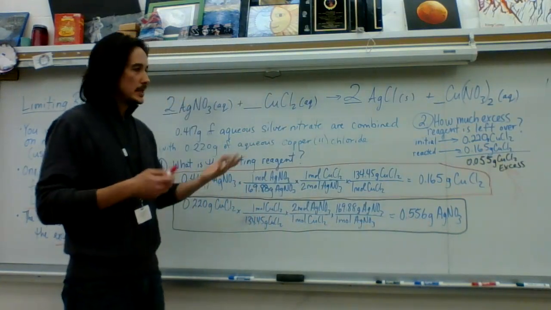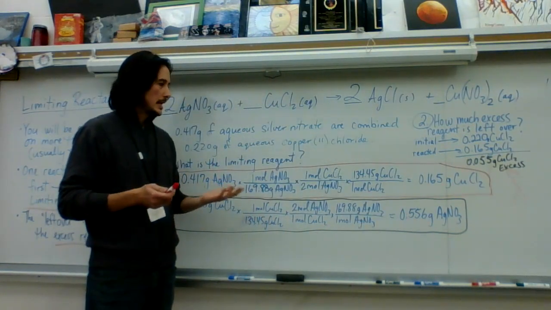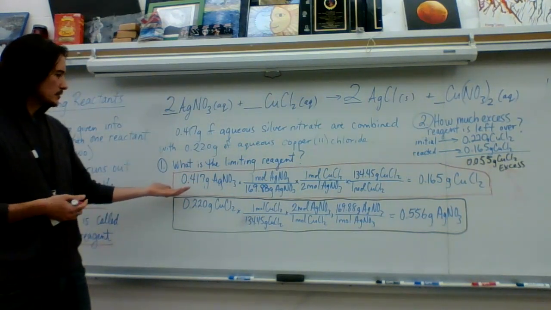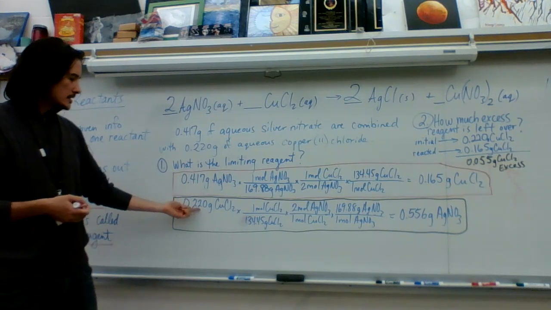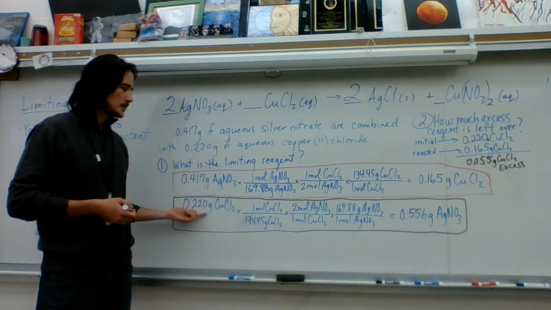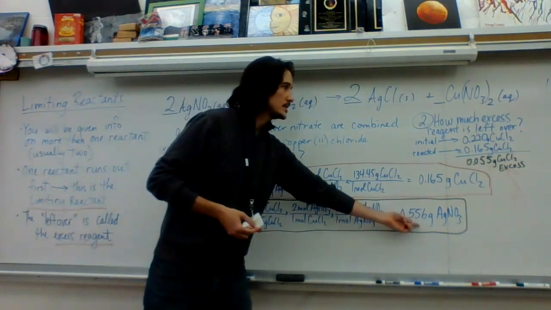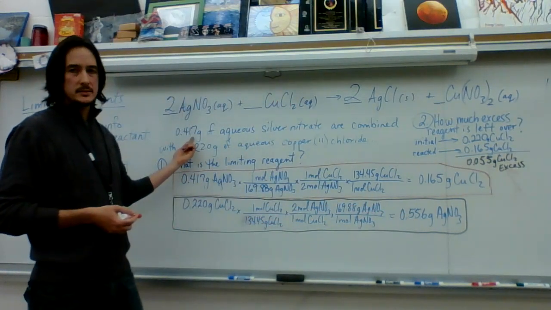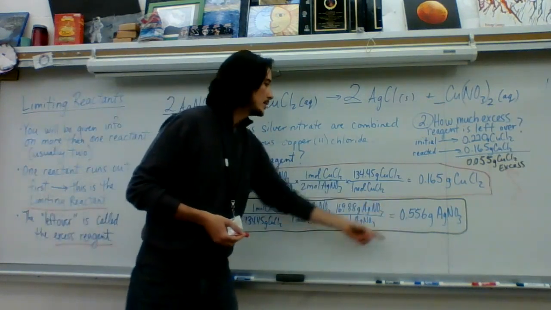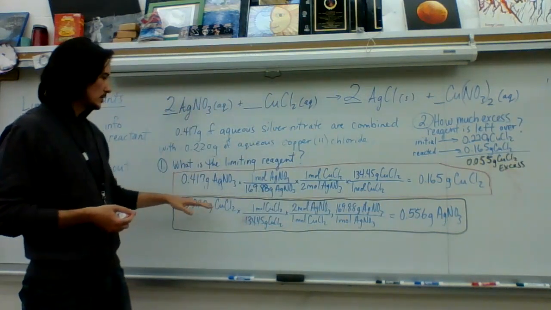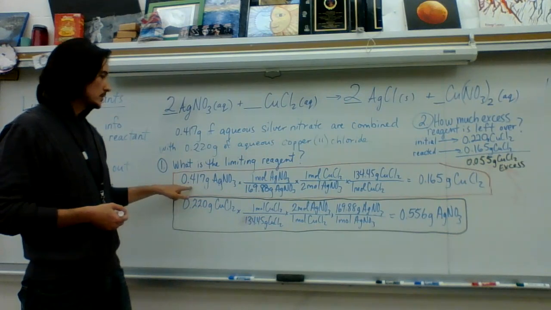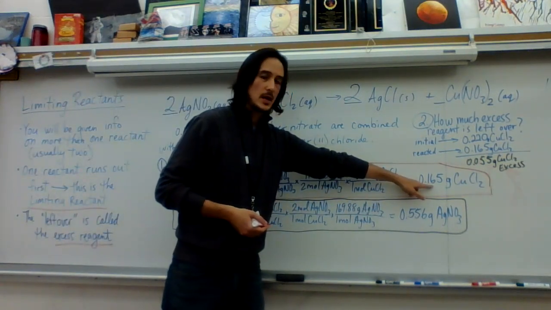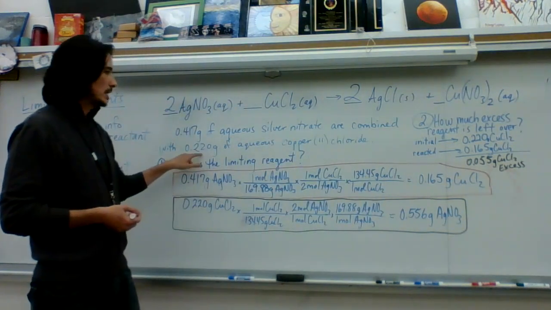So then we need to look at these numbers and see what they tell us. You can kind of see right away, to react 0.220 grams of copper 2 chloride, we need 0.556 grams of silver nitrate. But we don't have that, right? So this isn't going to happen. This is not all going to react. To react 0.417 grams of silver nitrate, we need 0.165 grams of copper 2 chloride, and we do have that.